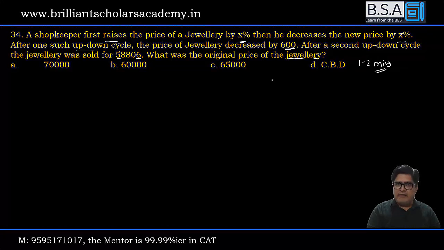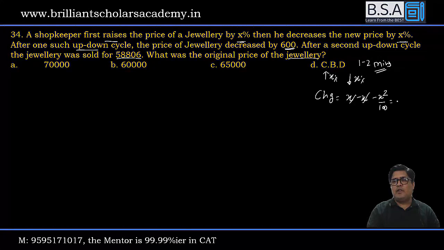So one result I want you to have is when you increase something by X percentage and then again decrease by X percentage, increase and decrease percentage are equal. In that case, the total change is X minus X minus X square upon 100.